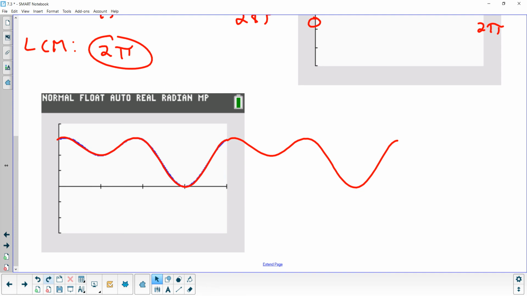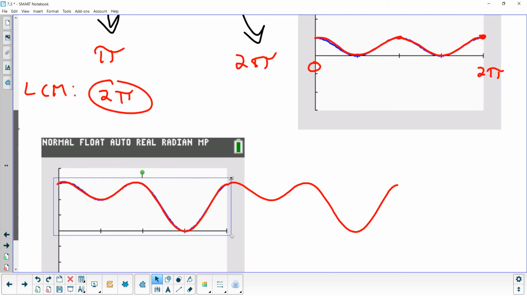Close enough. But that's what it's going to look like. That's the pattern that you're going to keep getting that repeats itself. So it should always end exactly at the same height that it started at. Otherwise, when you graph the next cycle, it wouldn't line up.